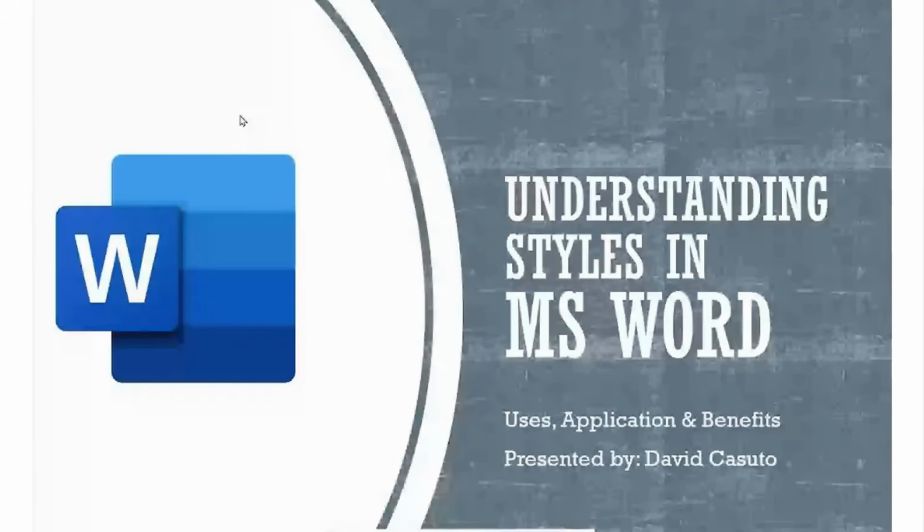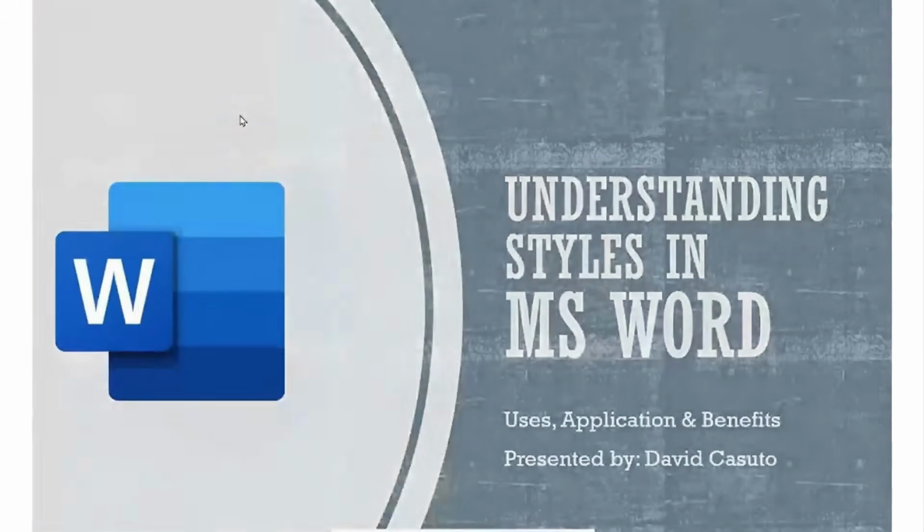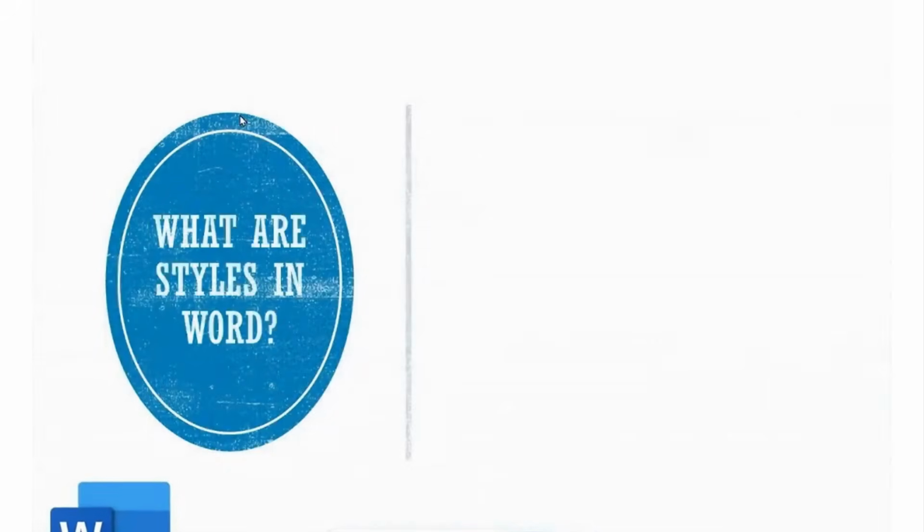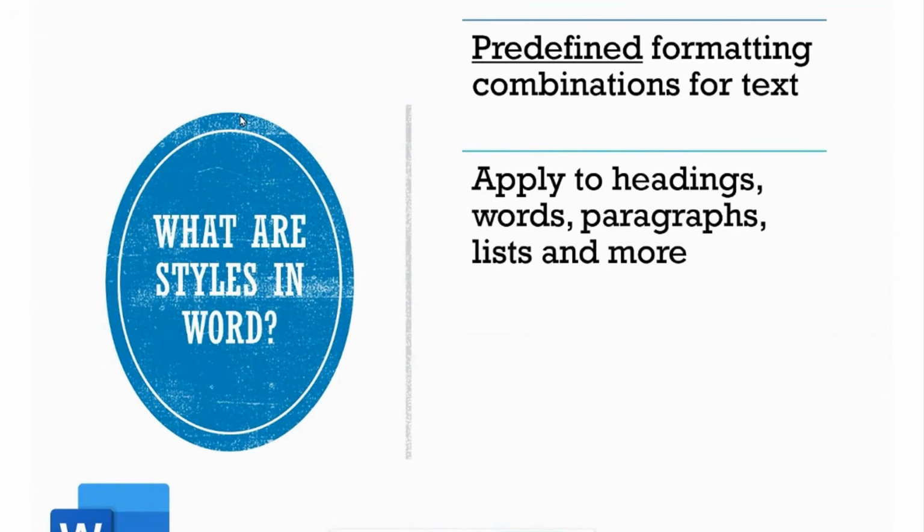Let's get a little bit of background about what we are talking about when we're talking about styles. So what are styles in Word? It's more than just the word you may understand in the language of styles. Basically, styles are predefined formatting for a combination of different text, also for paragraphs, but it could also be used for bullets, headings, and so much more. Essentially, the predefining part of it allows you to have more efficiency, right?